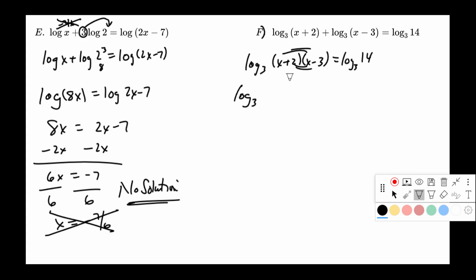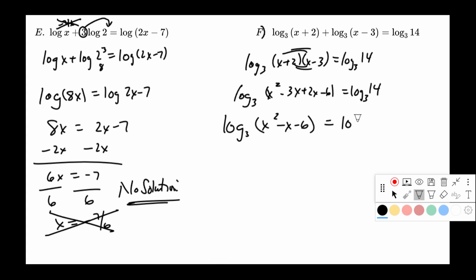That would give me log with base 3, x squared minus 3x plus 2x minus 6 equals log of 14 base 3. So that's log of x squared minus x minus 6 base 3 equals log of 14 base 3.